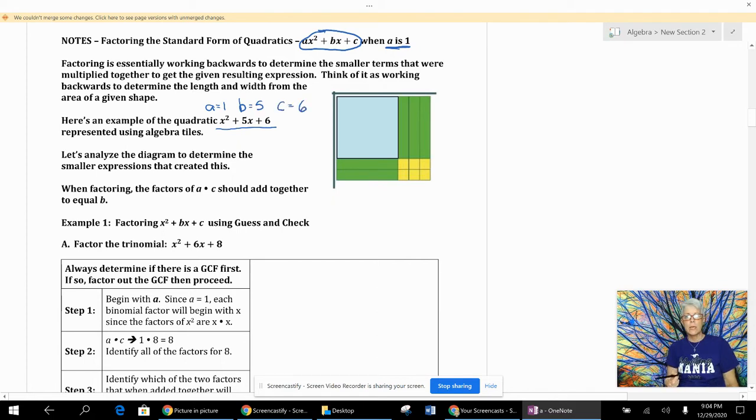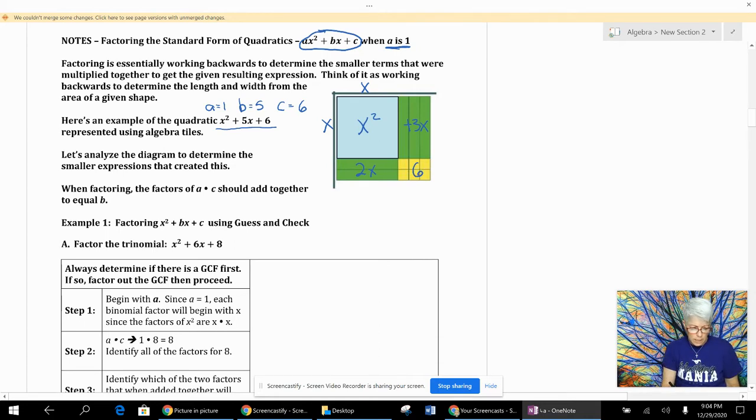Now I'm going to use these algebra tiles to show you what this quadratic equation looks like, and it's also going to factor it at the same time. So x and x would make this x squared. This is 3 x's, this is 2 x's here, and here are just 6 little ones by themselves.